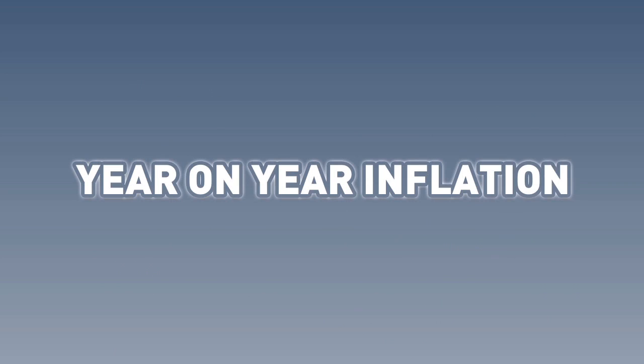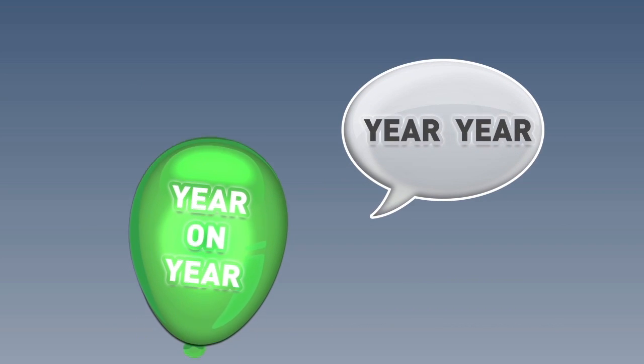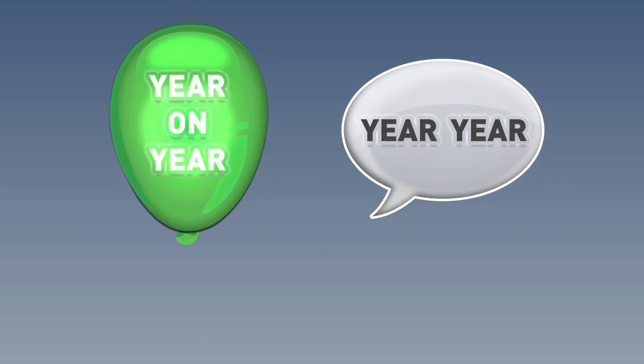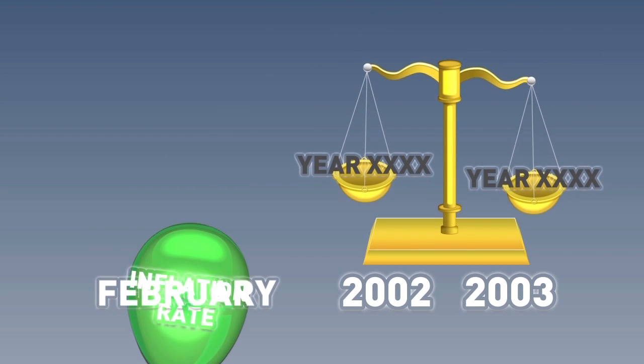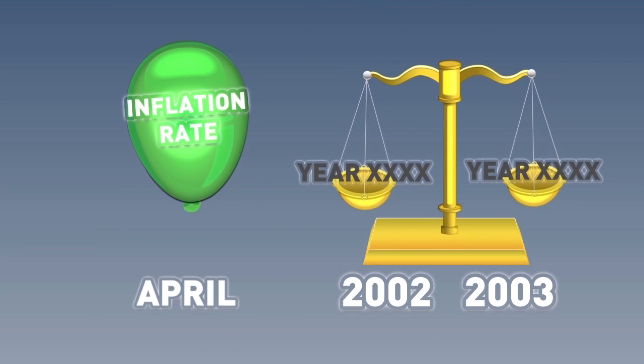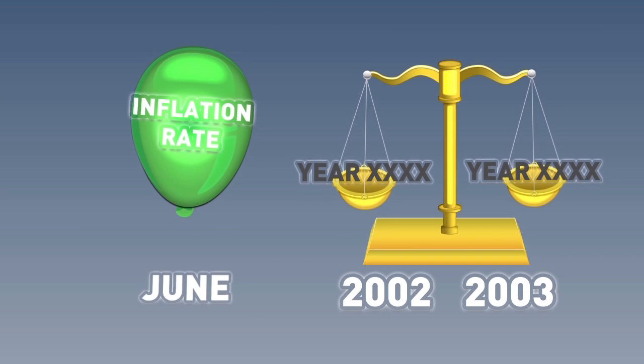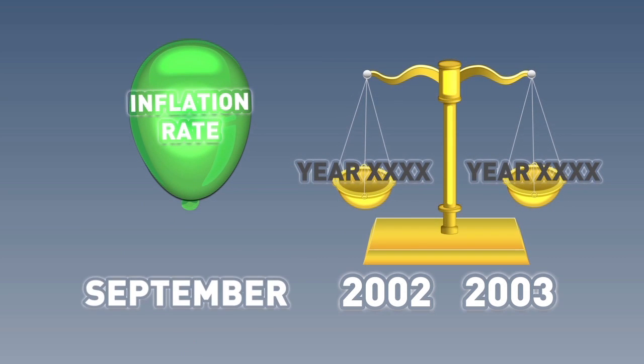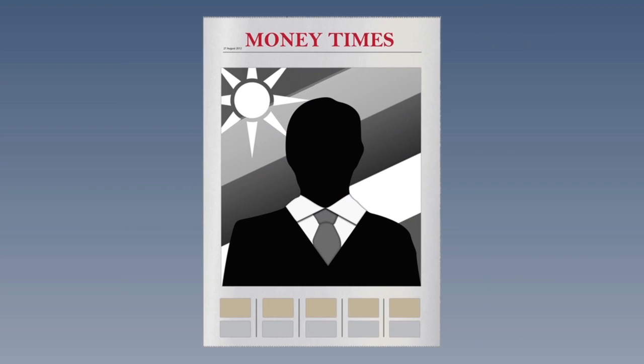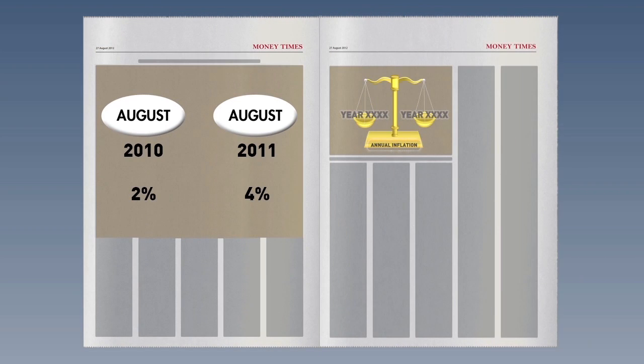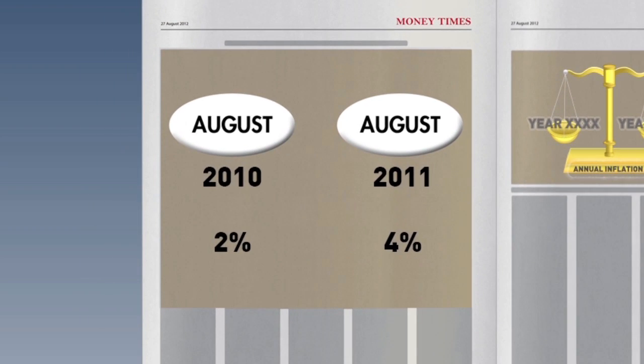Year-on-year inflation, also called year-over-year inflation. Year-on-year inflation means that the inflation rate in a particular month is being compared to the rate of change in prices in the same month the previous year. For example, a newspaper might report that inflation in August 2011 was 4%, compared to 2% in August 2010.